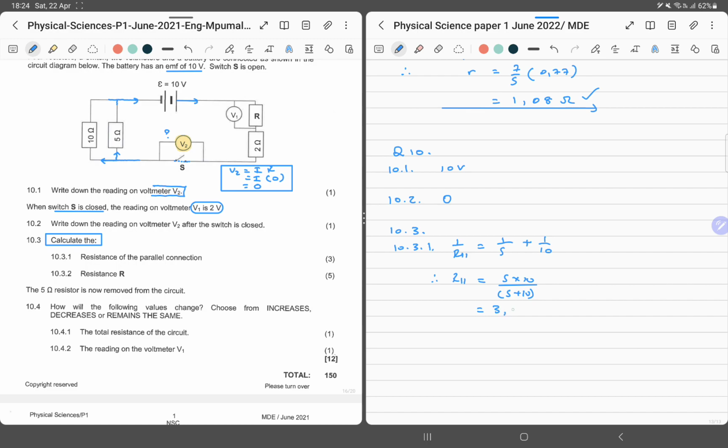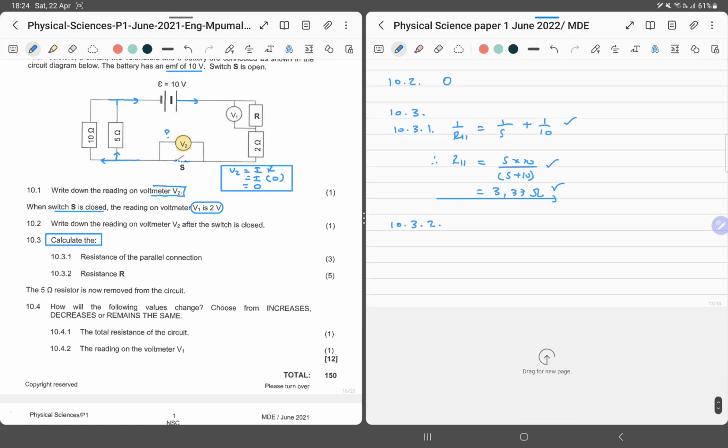So this is 3.33 ohms. Okay, so that, and that, just to try and show you where the marks are. But even if you did the product over sum, you would get a mark for that expression. You get another mark for those gymnastics. So you get 2 marks for that setup and then the answer. So I doubt if you would be taken down for not showing all of those things, okay?